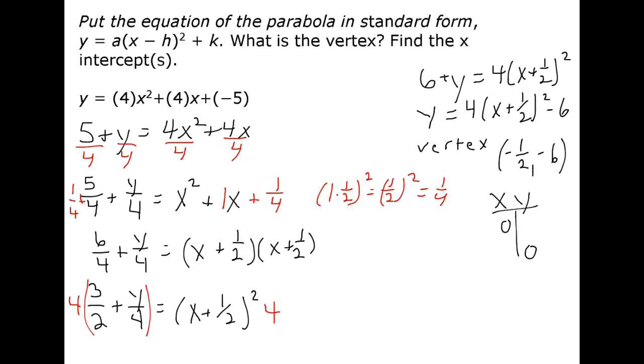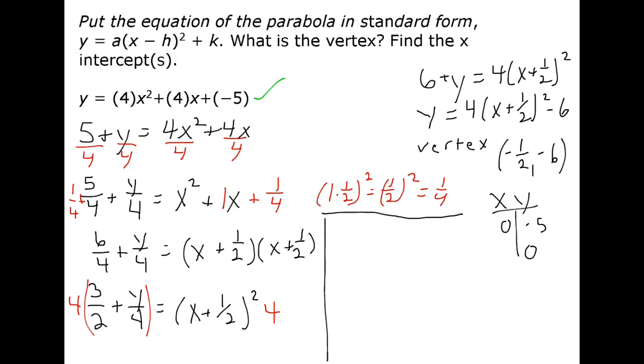So when x is 0, we can go back to our original problem here and find what the y is. So when x is 0, y would be -5. And when y is 0, we have to decide, is it the easiest way to solve? I think I'll use the quadratic formula.